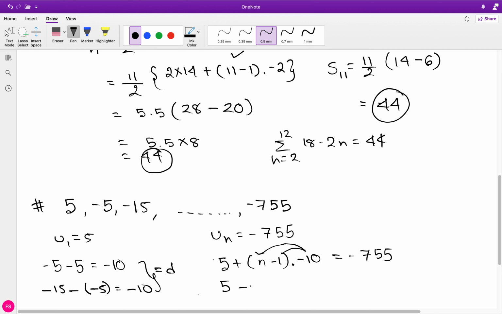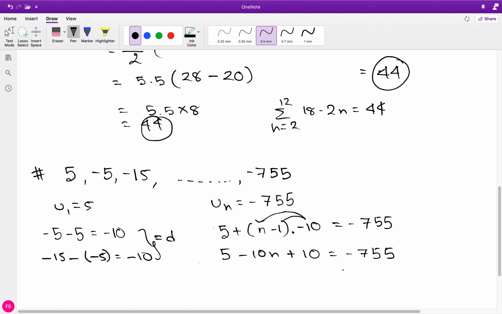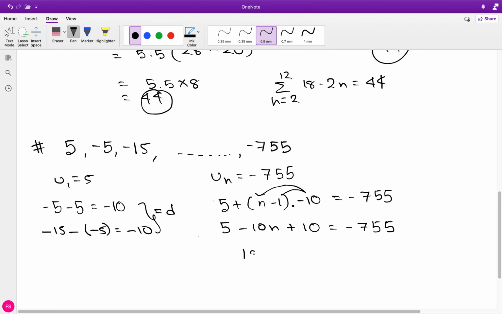-10 times n will give you -10n, plus -10 times -1 will give you +10, equals -755. 5 plus 10 will give you 15, minus 10n equals -755.